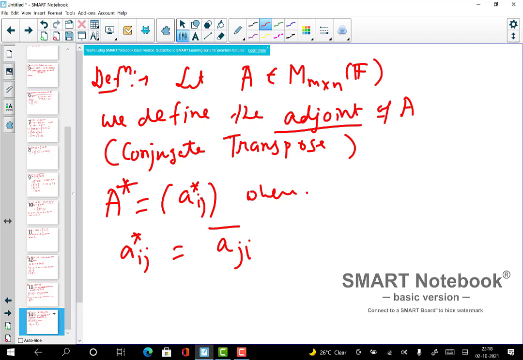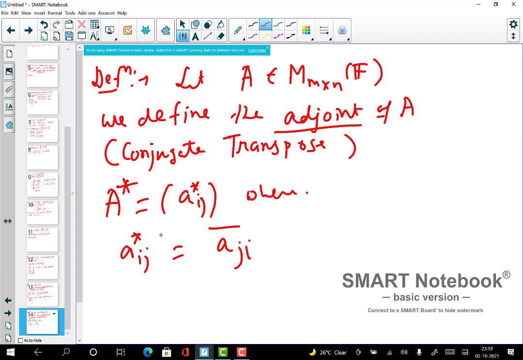Is that clear? So you take the conjugate and then the transpose, or the transpose and then the complex conjugate, whatever. And this matrix is called the adjoint of the original matrix.